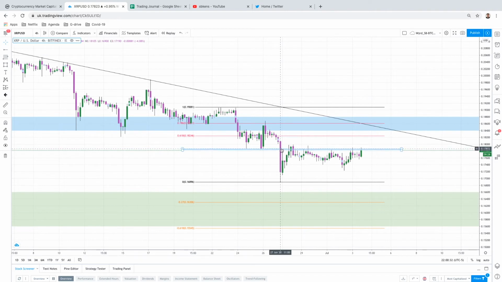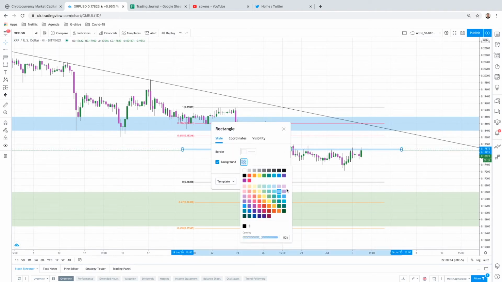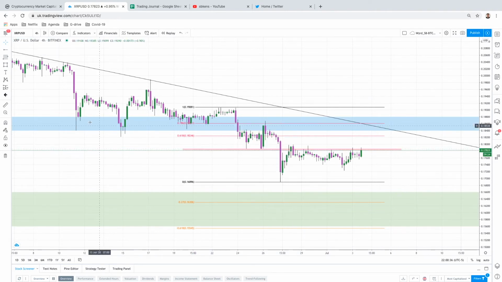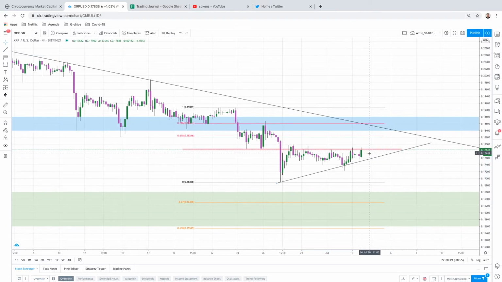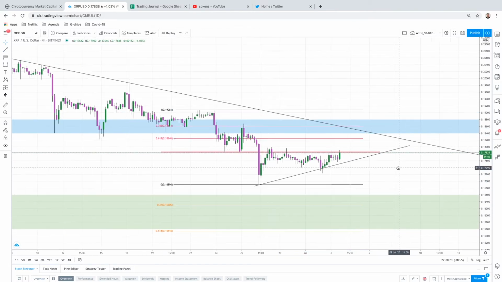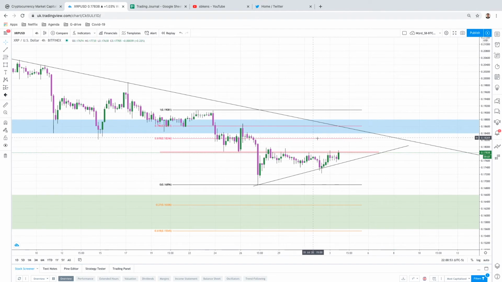So maybe I can turn this into a pinky level, as it looks more like a 4-hourly one to me. And then possibly if we just get this trend line, we might have something forming along these lines here. So maybe just push down and then hopefully push up, but we are still looking for that 61.8 to come through.